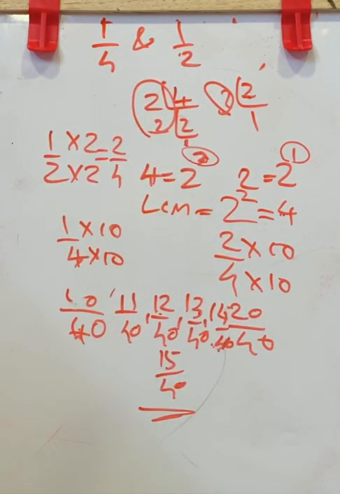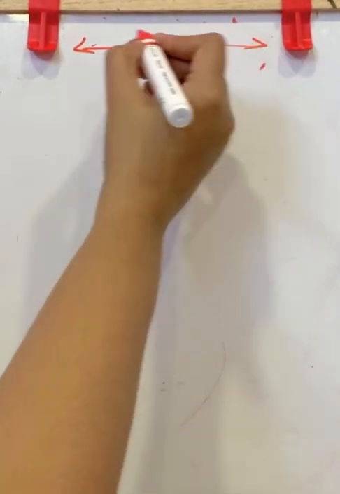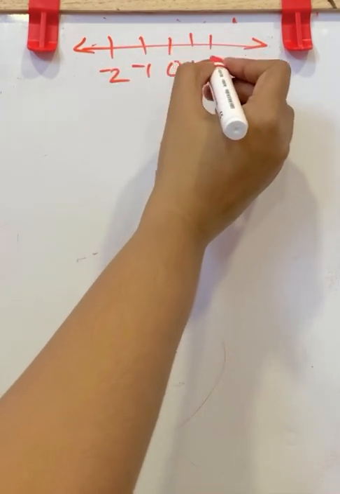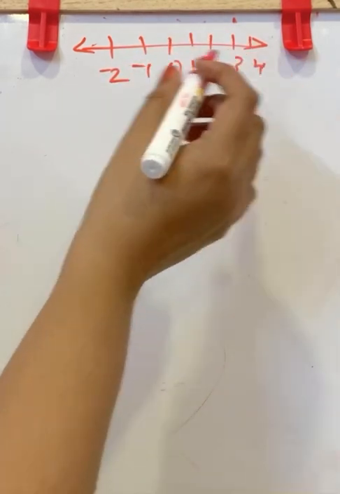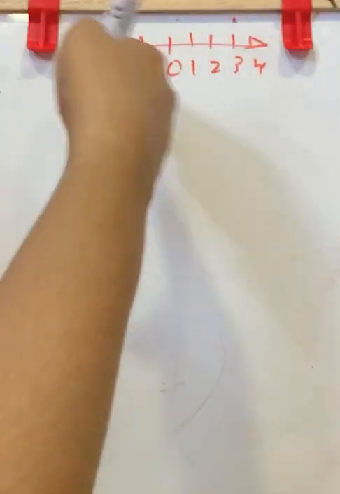Now next is write 5 rational numbers greater than negative 2. Here is negative 2. This is negative 1, 0, 1, 2, 3, 4, etc. So greater than negative 2 means numbers towards the right side.